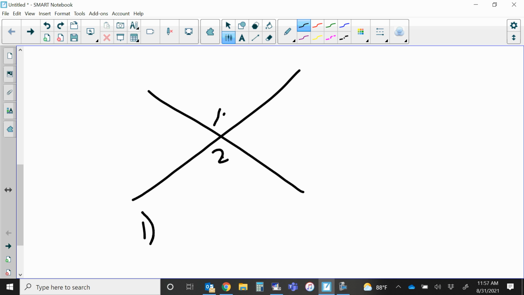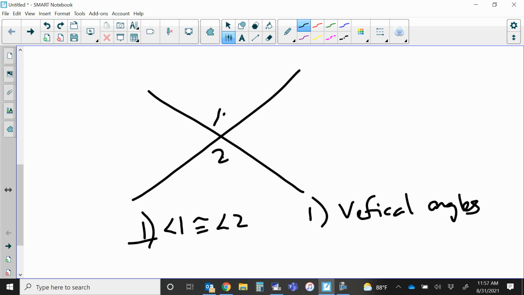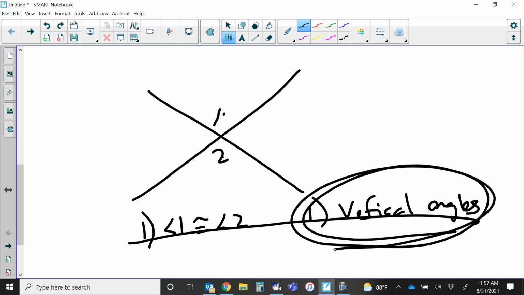So you can say angle 1 is congruent to angle 2, and your reason why would be vertical angles. Does that make sense? All the theorems and postulates are going to be our reasons why over here. That's why I said they're so important, because they tell us what we do in geometry and why we can do it.